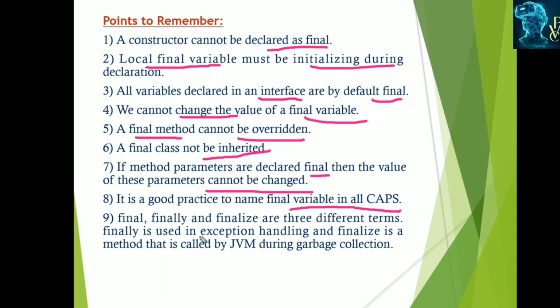Next, in Java, we have final, finally and finalize. These three terms are used in Java, but in different situations. Final is the keyword which we use with variables, methods and classes. Finally is a block which is used with exception handling.